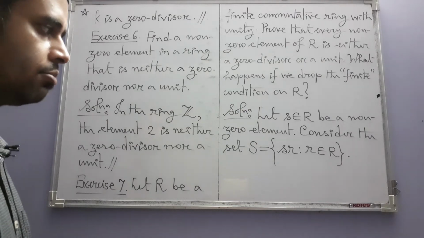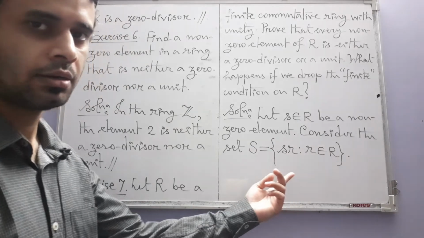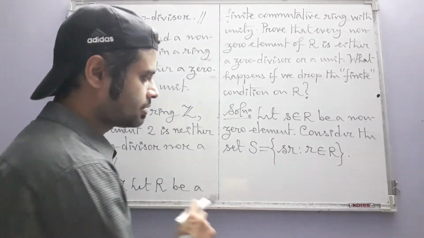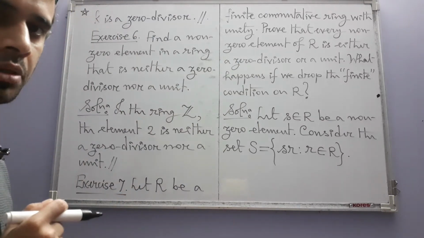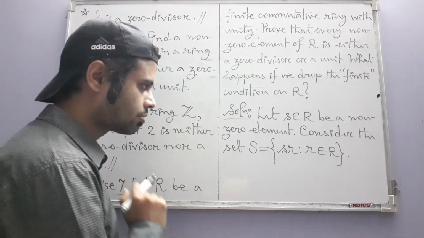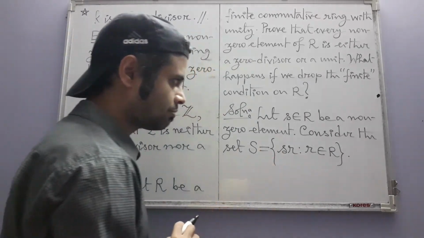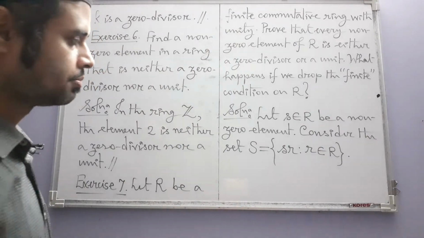Now as you can clearly see, this capital S is a subset of capital R. Now as a subset, this S may either be equal to R or it may be a proper subset, but whatever the case is, note that because S is a subset of R and R is finite, S is also finite.